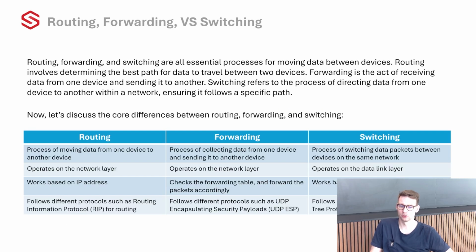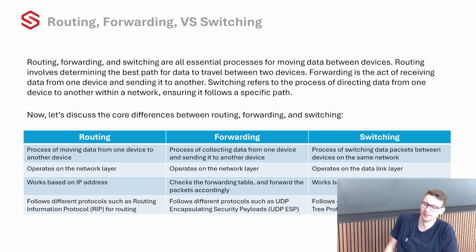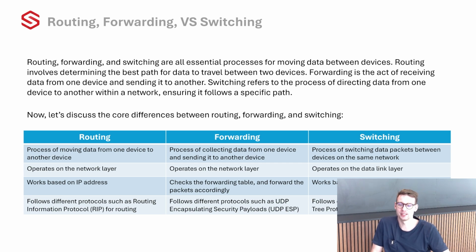Basically, what we have to talk about is 3 key points: routing, forwarding, and switching. So what is routing, forwarding, and switching? Those are essential points of processing data or moving data between devices.